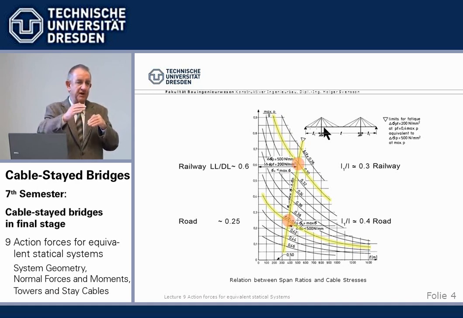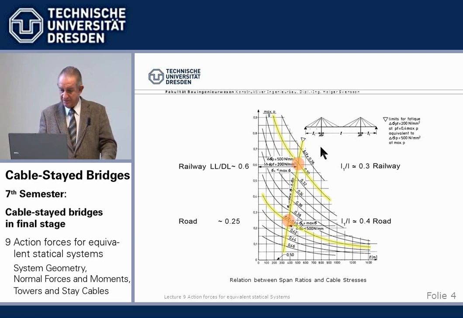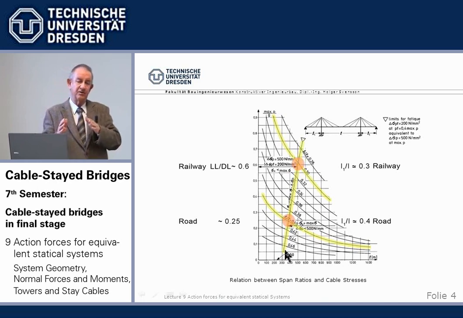Normally we say 200 Newton per square millimeter. I have told you that. And now we have in here this line. And this line determines the ratio in which just this happens, that the cable sized for the maximum load is just able to take the fatigue range.